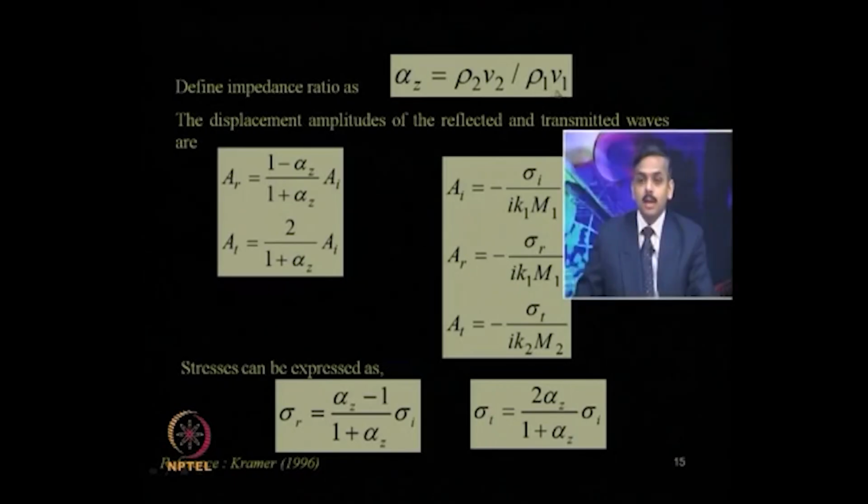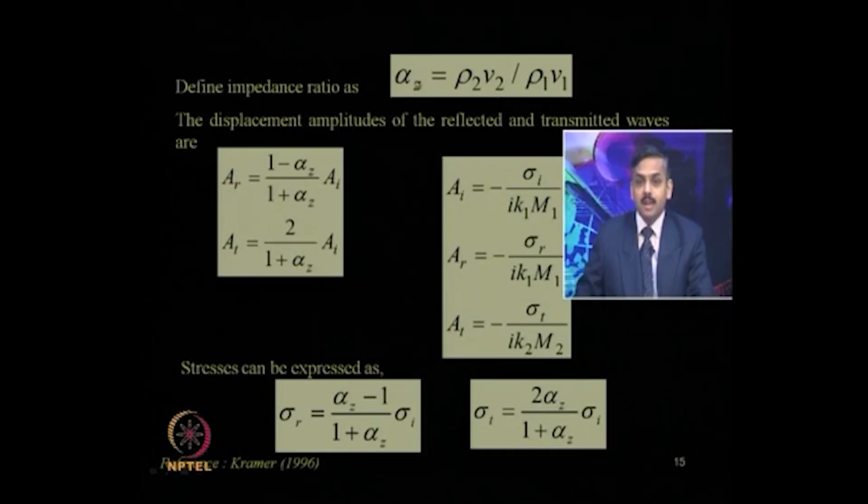That is why you can see rho 1 V 1 for material 1 in the denominator, the specific impedance of the material where the incident wave is coming from, and rho 2 V 2 is the specific impedance of material 2 where the transmitted wave goes in. So, that is the definition of impedance ratio. This is a very important parameter, because it is defined through the material parameters of the two materials.